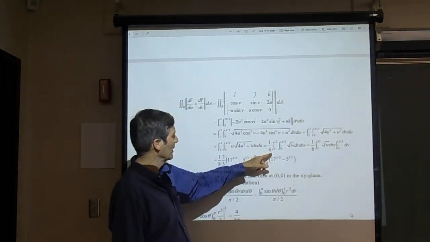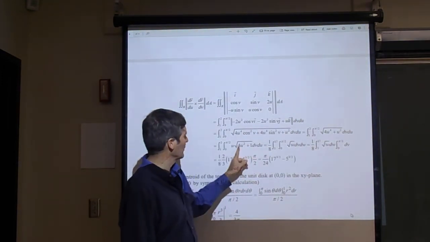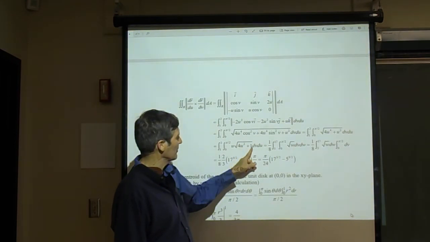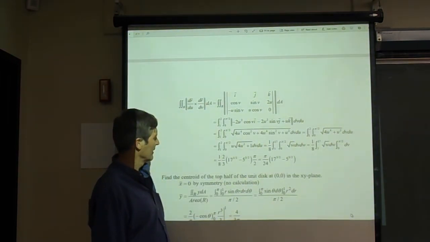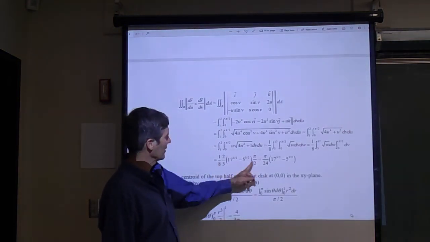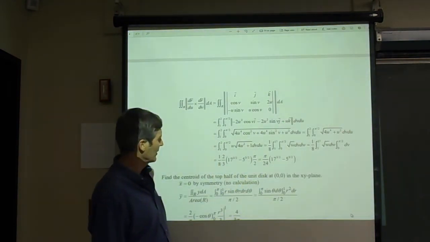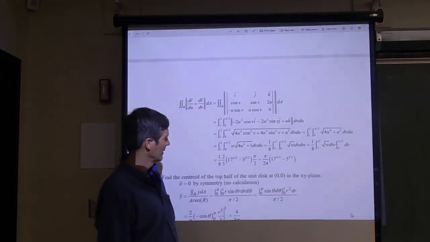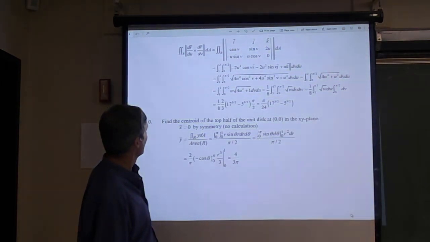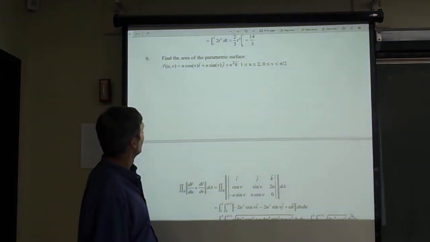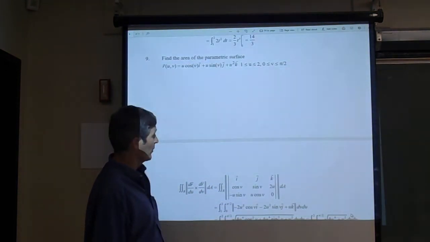That's the bottom endpoint. When u is 2, 4 times 2 squared is 16 plus 1 is 17. That's the top endpoint. So that's the substitution. Then it's simple integrals after that. You get pi over 24 quantity 17 to the 3 halves minus 5 to the 3 halves evaluates that surface area given in parametric form.